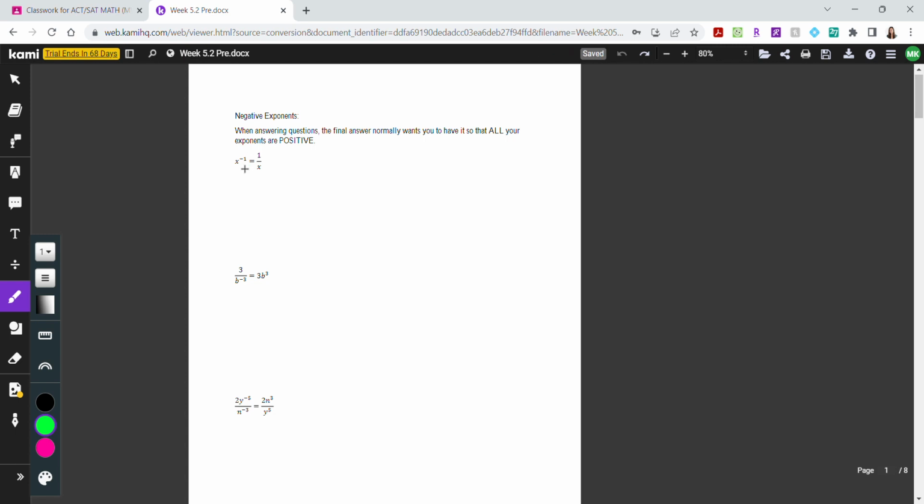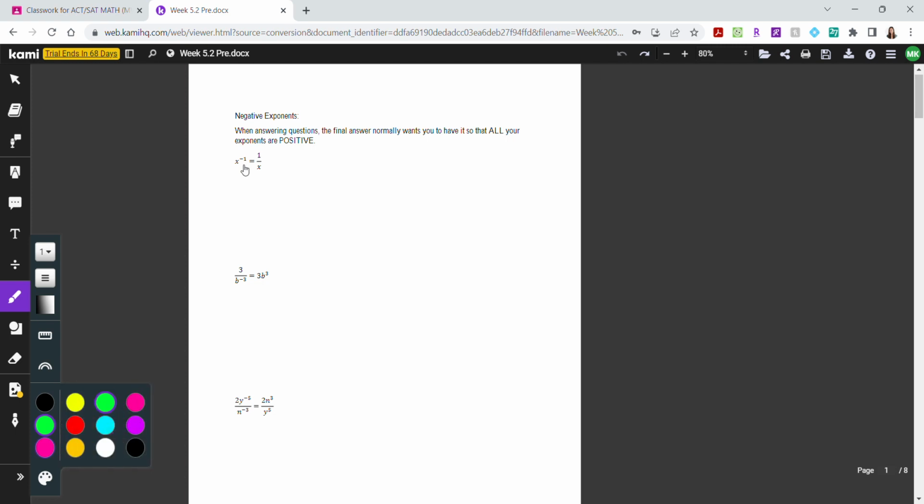Can you see that? As you saw just now, x to the power of -1 was on top. Now x to the power of 1 is at the bottom. So in order to make a negative exponent become positive, you are just going to flip it upside down.